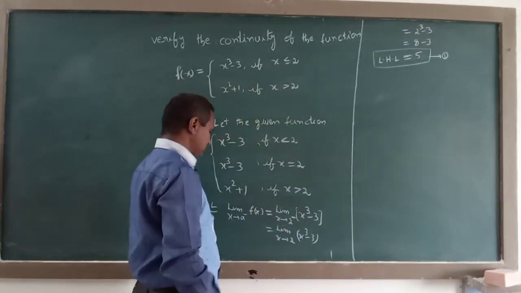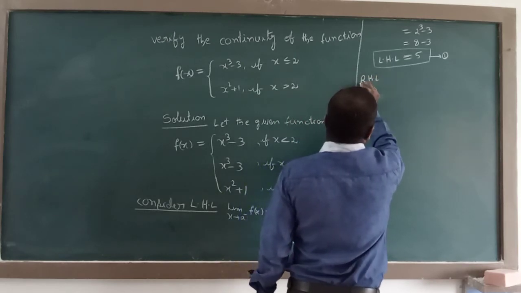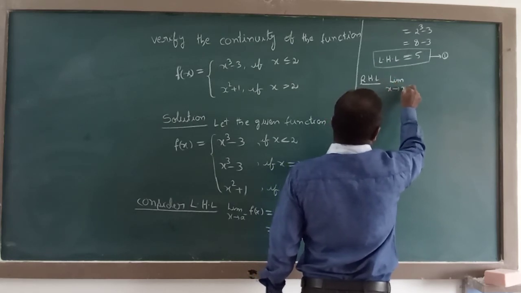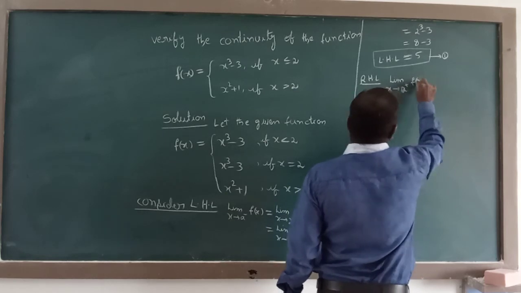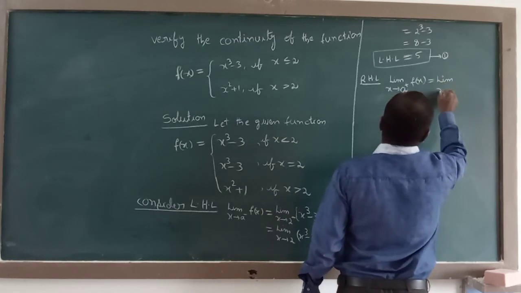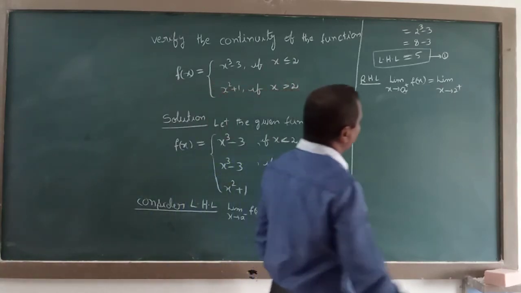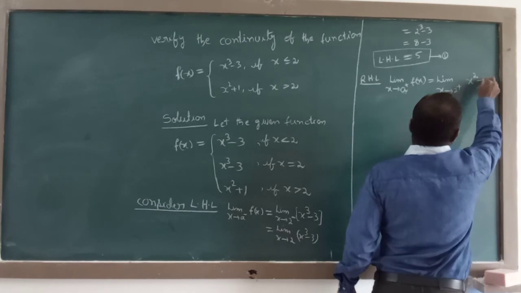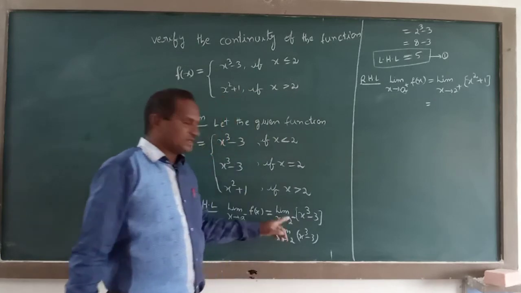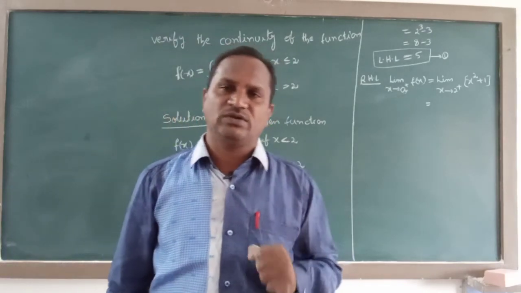Next, the RHL value, the right hand limit: limit as x tends to 2 plus of f of x is equal to limit as x tends to 2 plus of x square plus 1, corresponding to the greater than symbol. As I already told, the plus on the side of 2 is optional, you may write it or not as you wish.